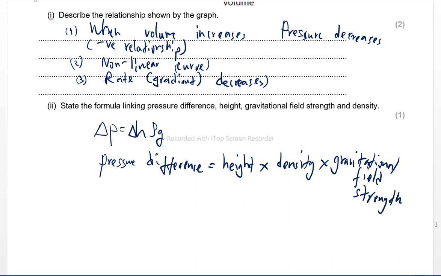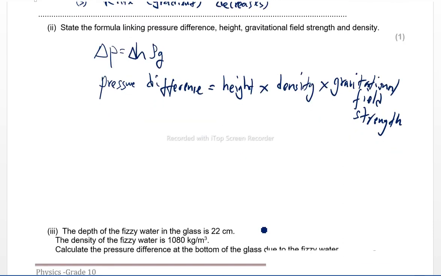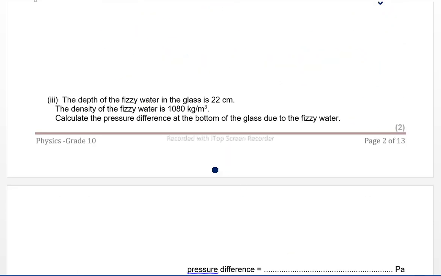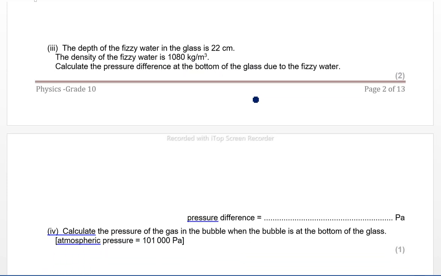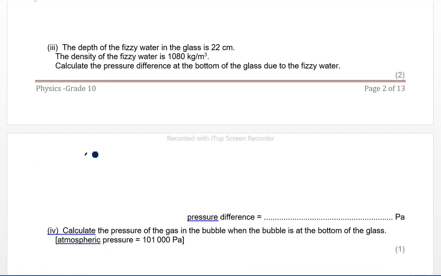Okay, children, right. We'll move to the next question. The depth of fizzy water in the glass is 22 centimeters. The density of the fizzy water is 1080 kilogram per meter cube. Calculate the pressure difference at the bottom of the glass with the fizzy water. So it's simply substituting into the equation delta P is equal to delta h rho g. 22 is in centimeters, the SI unit of length is meters.